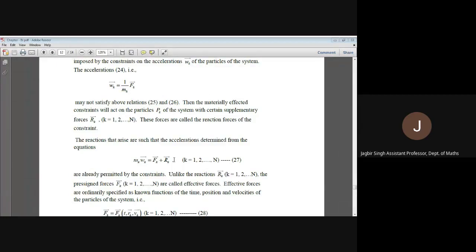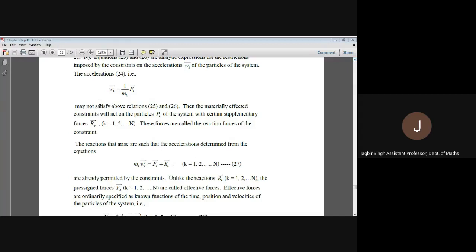And in the paragraph, how it was elaborated, it was written like this: according to Newton's law, Fk will be equal to mk wk. From here we can obtain the value of wk, the acceleration. It will be 1 by mk Fk. But whenever the system is having restrictions, this acceleration will not work.